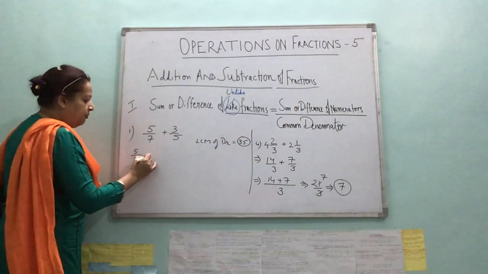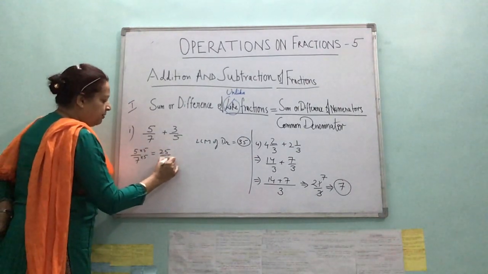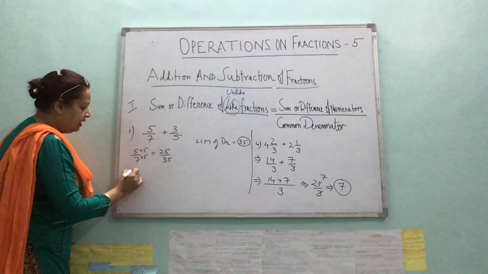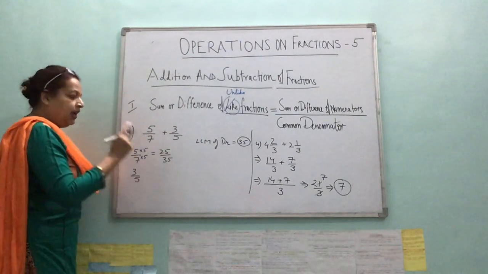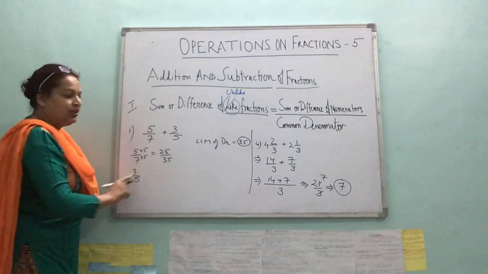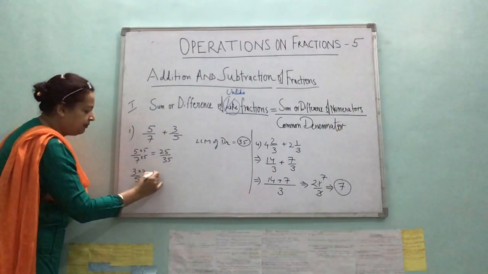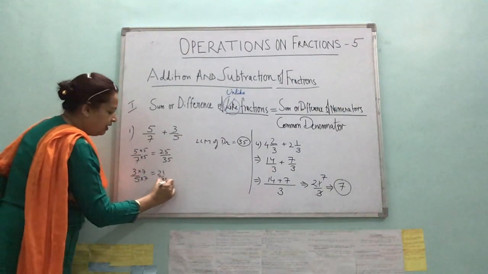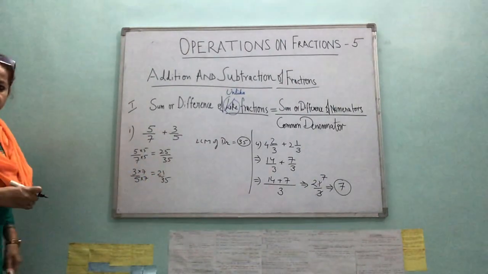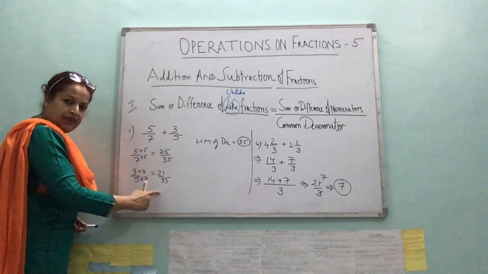I have to multiply both numerator and denominator by 5, 25 by 35. And in this case 3 by 5, I have to convert this also to its equivalent fraction with denominator 35. So multiply by 7, 21 by 35. They are equivalent fractions, the values are the same.